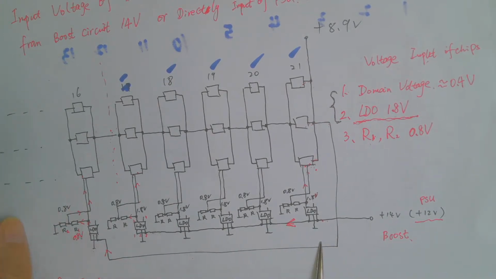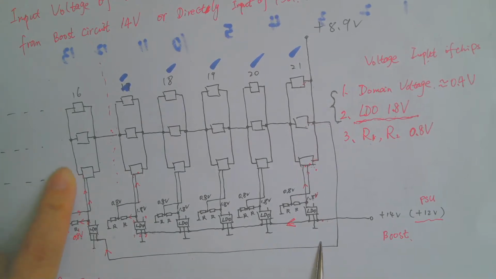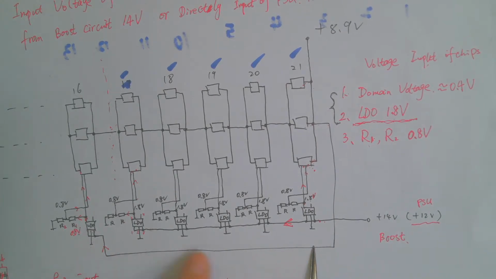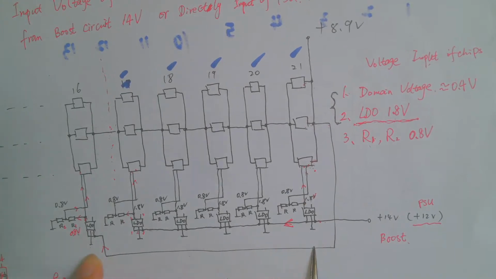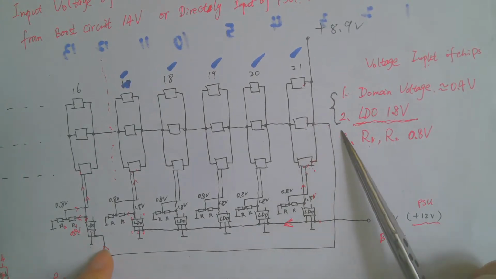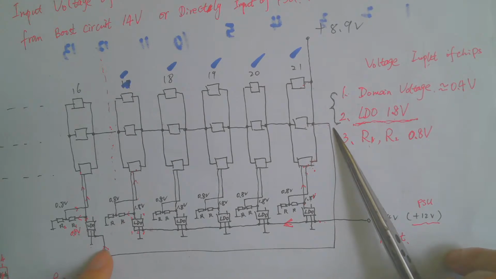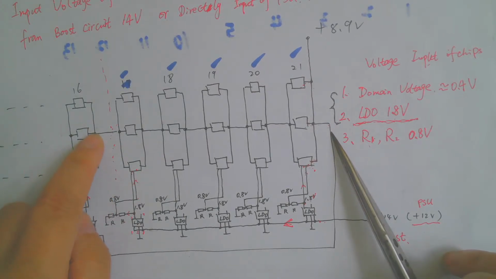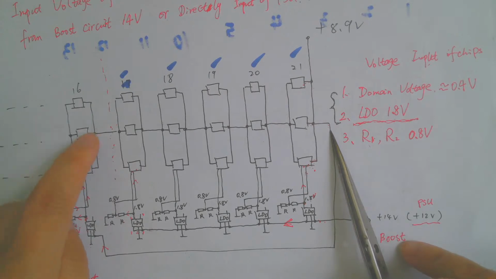In domain 1 to domain 16, the LDO's input voltage is from the 6 domains' voltages added together.